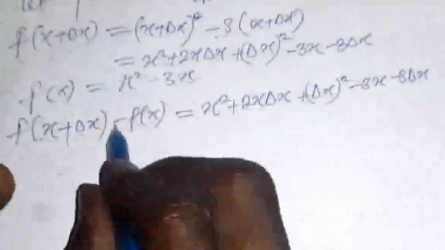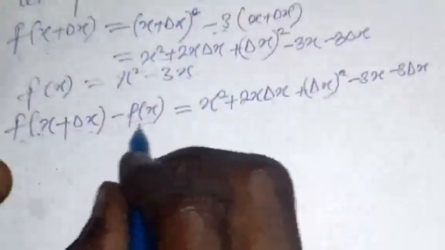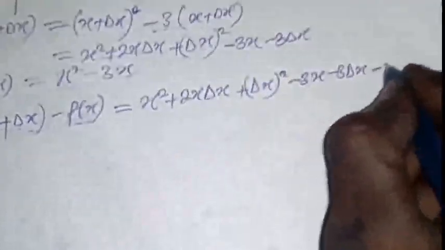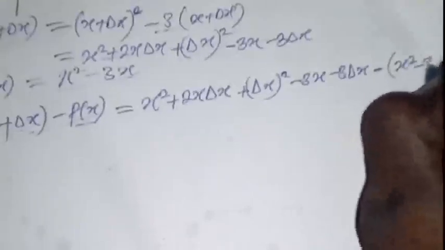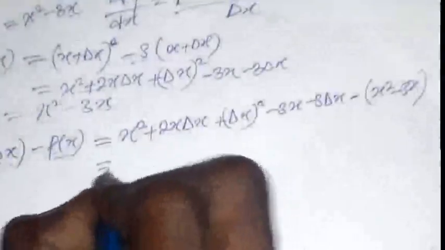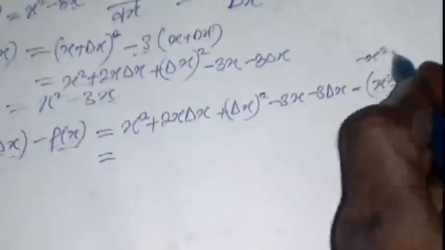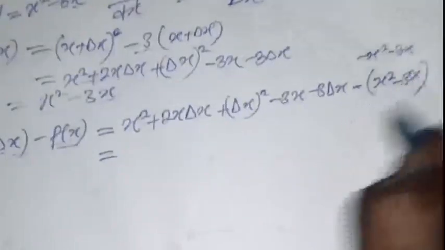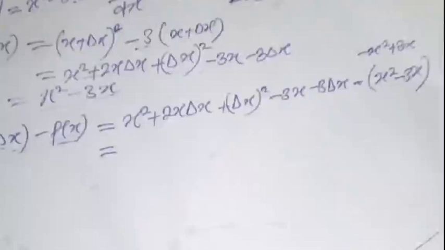Then that is our x plus delta x function. Then minus the function of x, that is minus open bracket x squared minus 3x. Then we simplify this. We can see when we open the bracket, this is minus x squared, minus 3x, plus 3x, since it is minus.